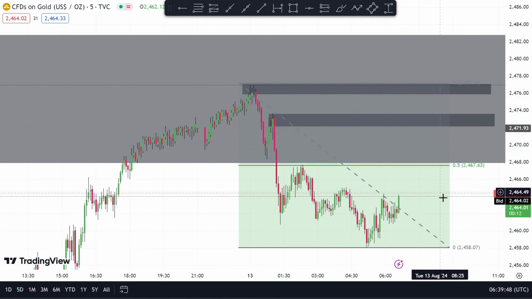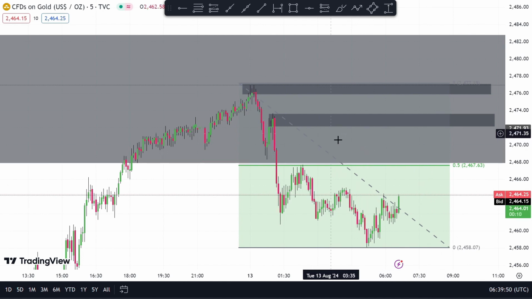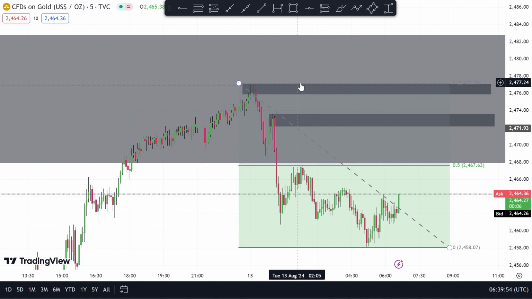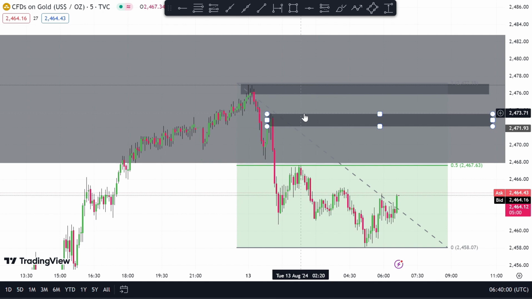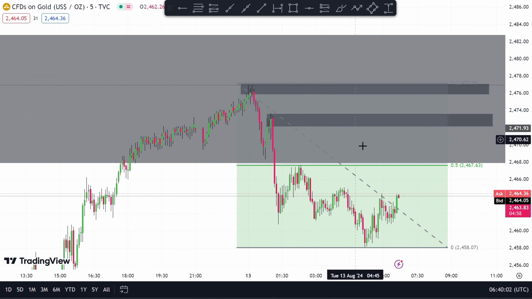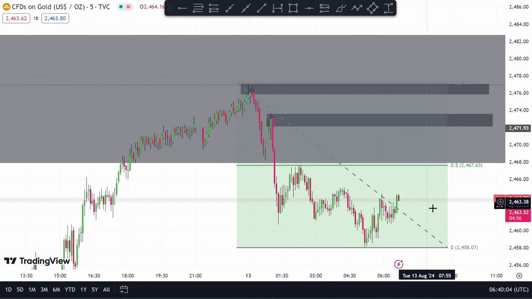Can't you see? Our discount is also at these two supply zones, here and here. So price will come to our discount first before we look for our sell opportunity. So now let's wait and see what price will do, if price will come to our discount or continue going back down.